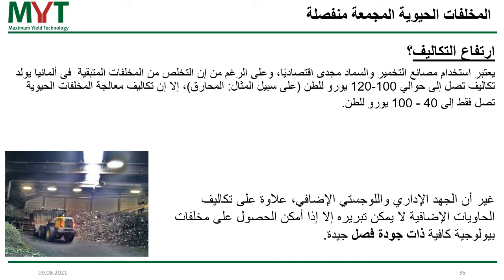We see in Germany the waste incinerators take between 100 to 120 euros per ton of waste. These are the gate fees they need to operate cost efficiently. They used to take even much higher prices in Germany, about 190 euros per ton. But now the contracts are not running as long, and you get better conditions right now. But when you compare it to the biological treatment, it is only 40 to 100 euros per ton.